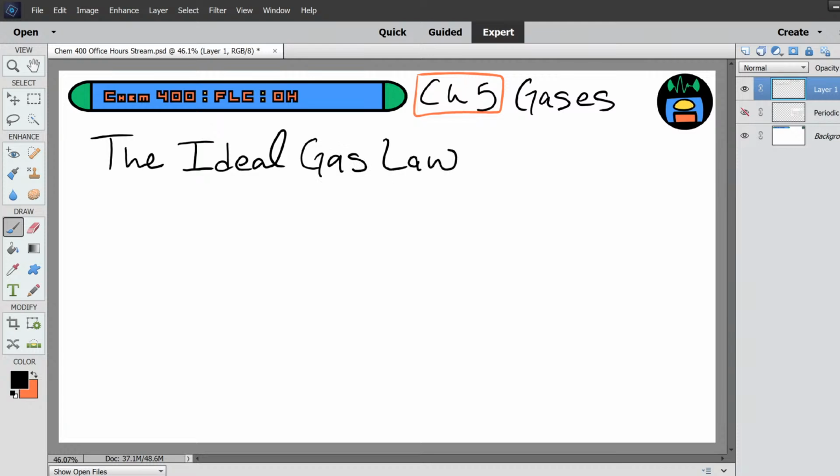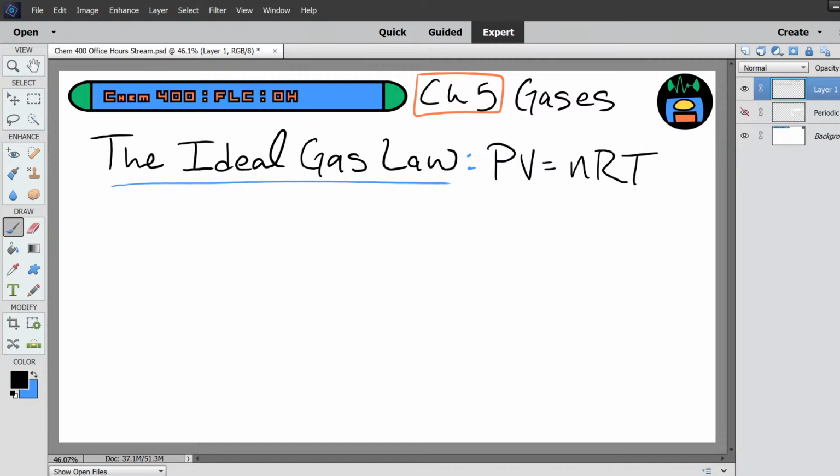And the ideal gas law is pressure times volume is equal to moles times the ideal gas constant times temperature.